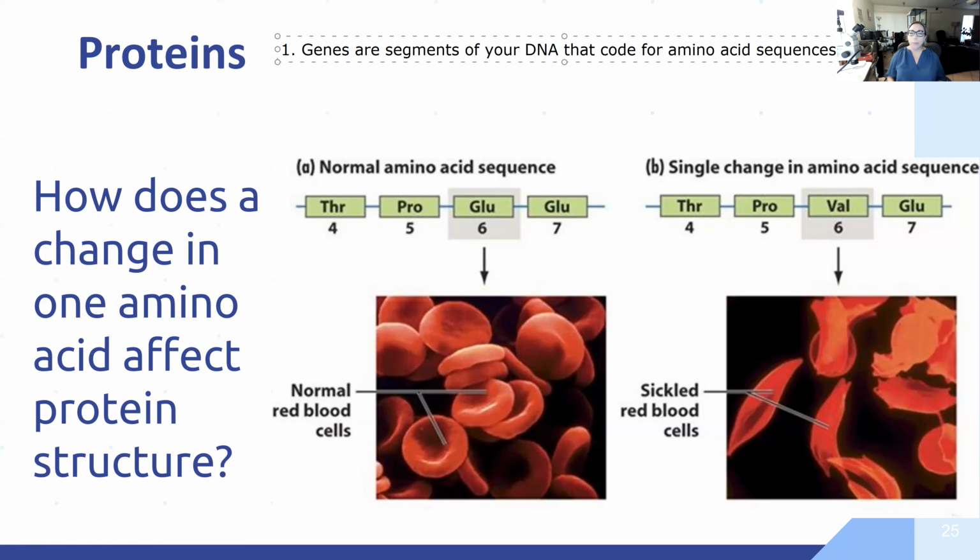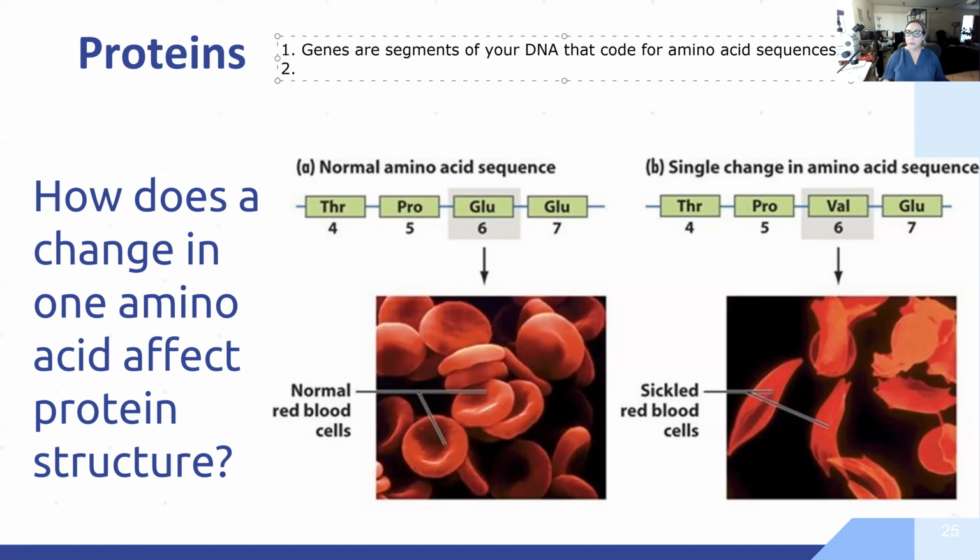And the proteins in your body are responsible for most of your characteristics. Eye color, hair color, skin color, height. All these things are determined by proteins. So what happens if there is a mutation in your DNA that is within a gene? Well, it can disrupt the shape and function of the protein.